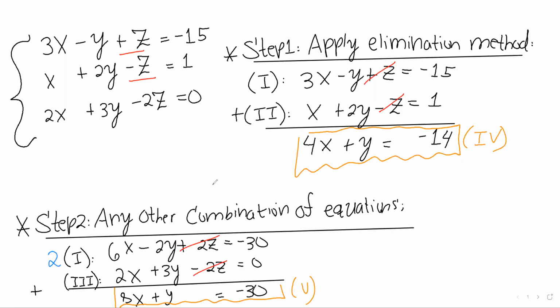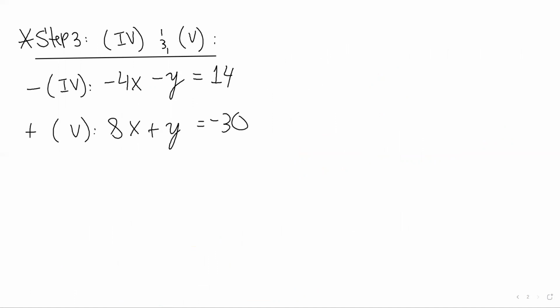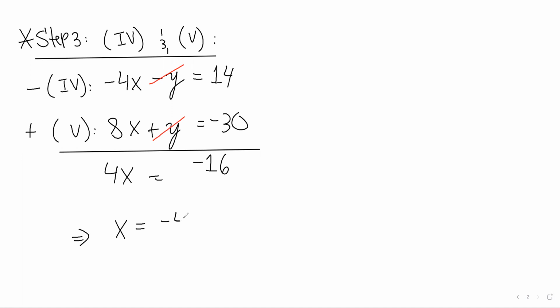If we do negative 1 times equation 4, we'll get a negative y. So that'll give us negative 4x minus y equals the positive 14. And equation 5 is still 8x plus y equals negative 30. 4x, y's cancel, equals negative 16. Finally, we solve for x, and it's negative 4.